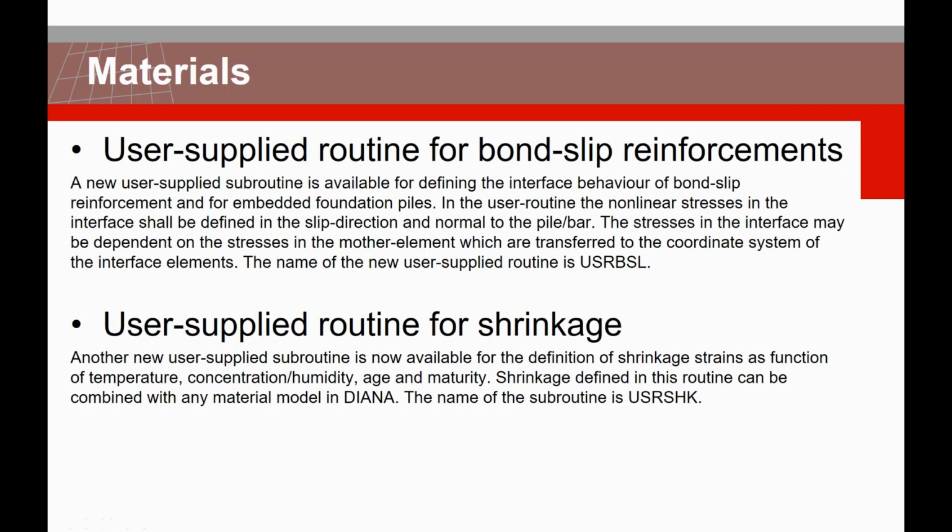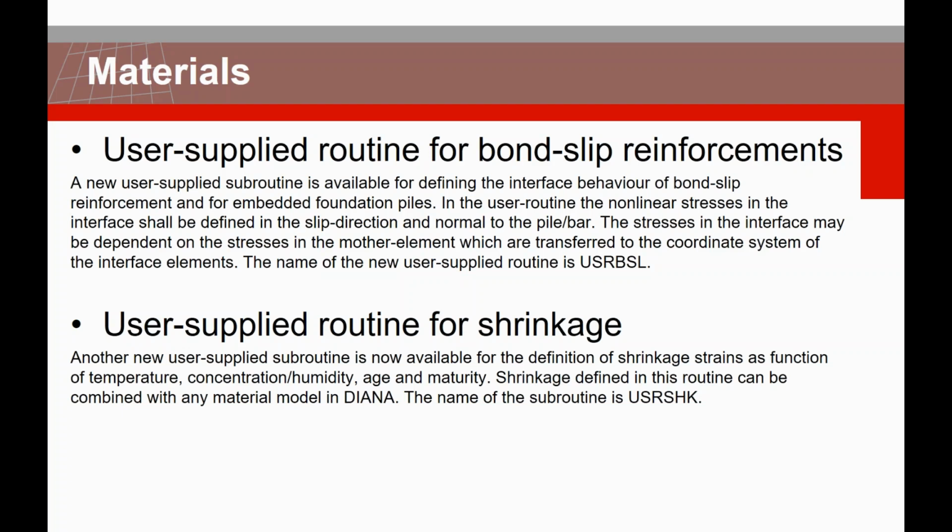Further on, we have two dedicated developments, but they are based on user supplied subroutines. If you need them, you can contact us. We can provide the information to you. The first one is associated with the lateral bond or no bond of piles when they are subjected to lateral cyclic loading.